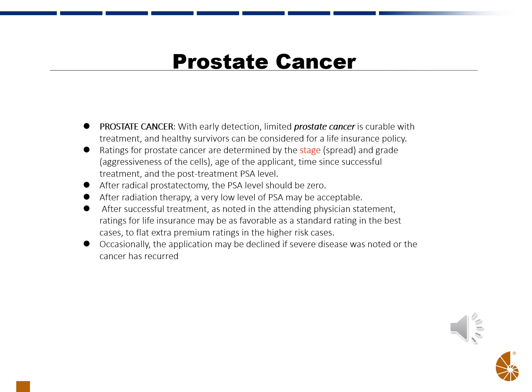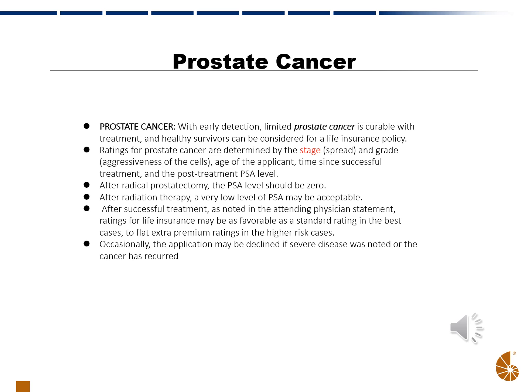In prostate cancer, with early detection, limited prostate cancer is curable with treatment, and healthy survivors can be considered for a life insurance policy. It depends on the stage of the cancer and the grade. And in prostate cancer, we use Gleason scoring.